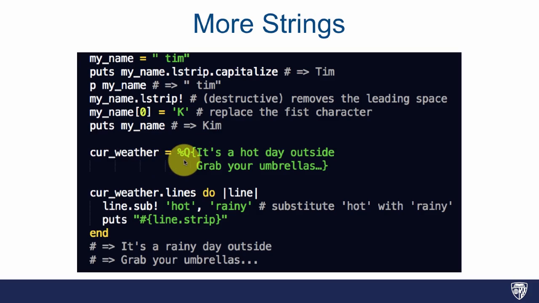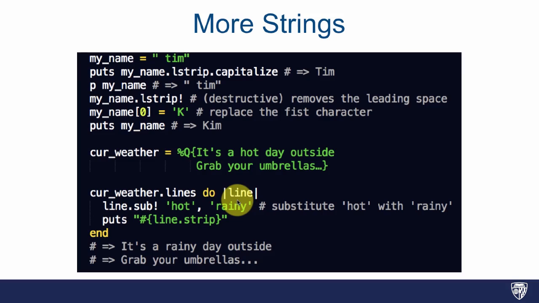Here's an example of using the %Q. So it's a hot day outside, grab your umbrellas. Here we see that the string current weather also supports a method lines, which breaks the string up into multiple lines. And then you're able to use a block. Again, as we saw, blocks are very good at iterating things.